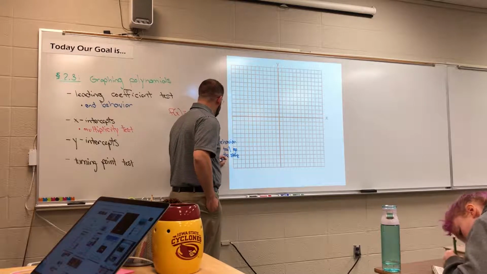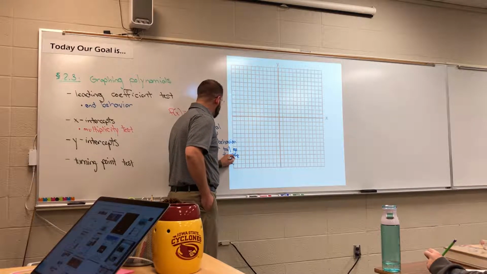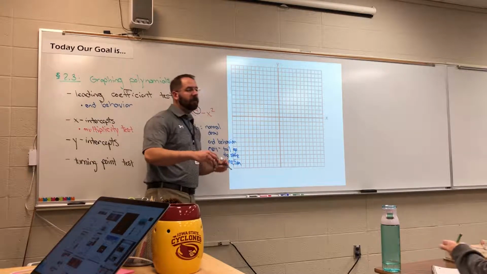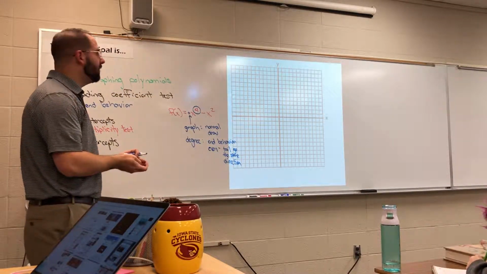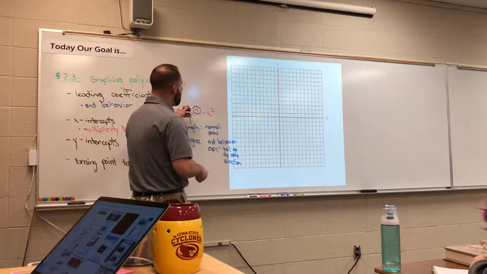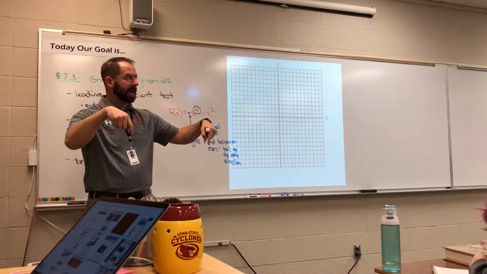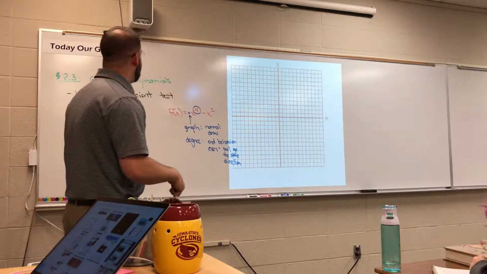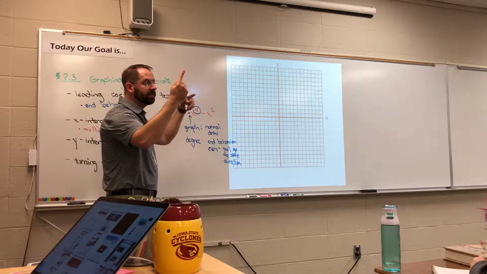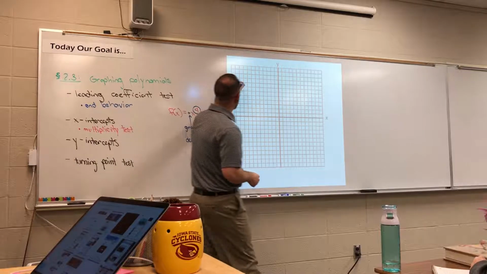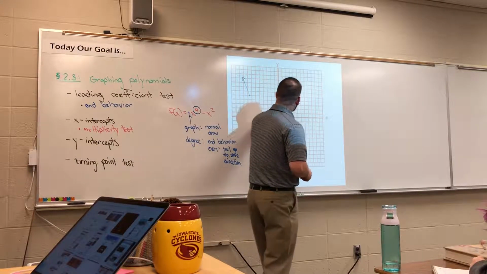If you have an odd power, the tails go opposite directions on your final graph. Since mine is a 4, the tails are going either both up or both down. And the plus means they're going toward the positive. That's how I think of it. That's a normal graph.